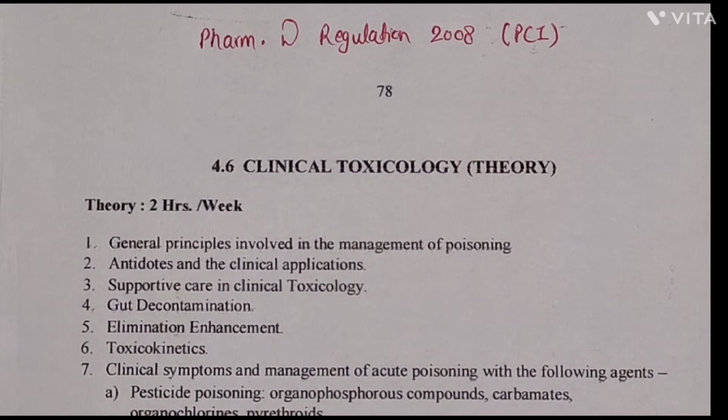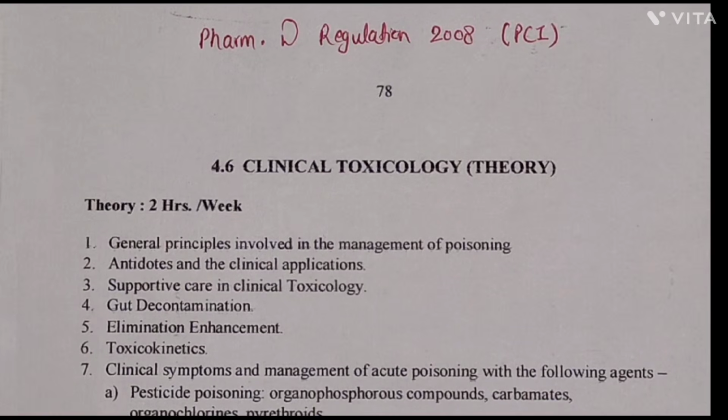Here what I want to say is that we don't have antidotes for each and every poison. Sadly, we have antidotes for less than 15-20% of poisons, which is quite less. So in such cases, supportive management plays an important role. This particular topic will be of utmost focus.